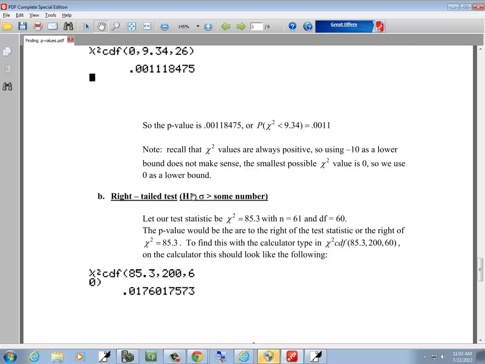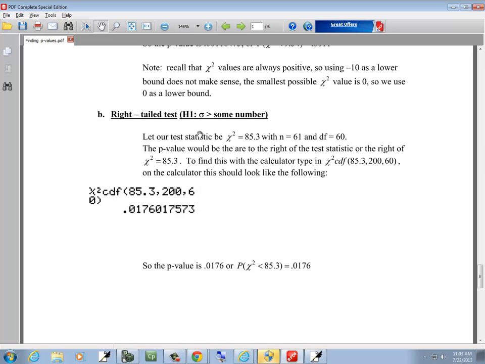No, I just pulled it out of the air. I didn't have a right tail test to check this on, but I'm assuming you can put E99 here. But you go from your test statistic to the right. P-value would be the area to the right of the test statistic. And then again you put in your degree of freedom, which in this case was 60.